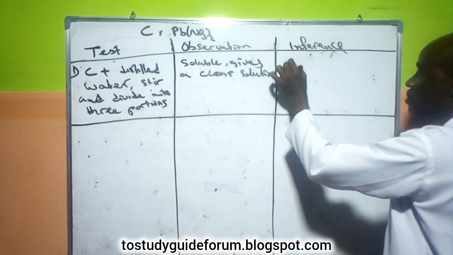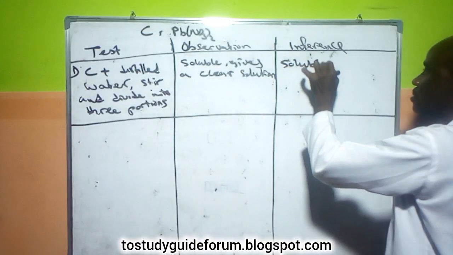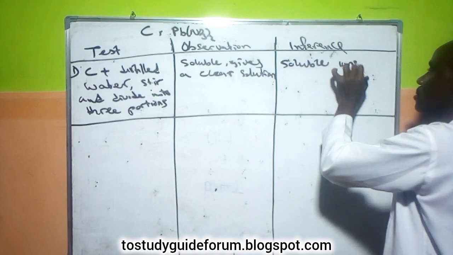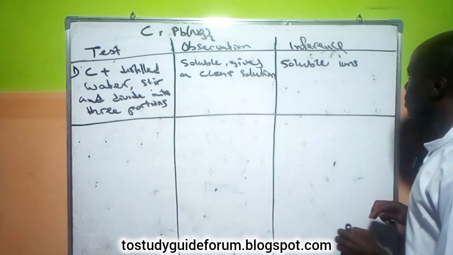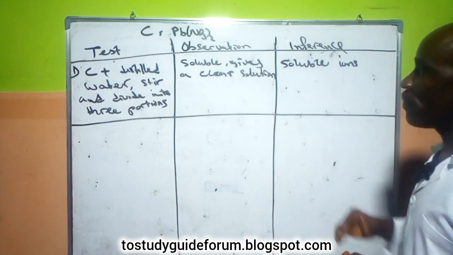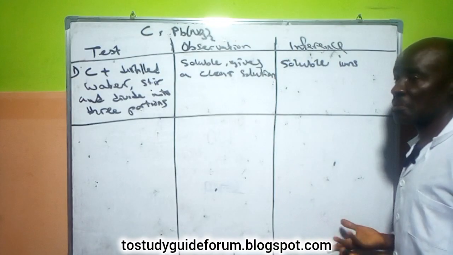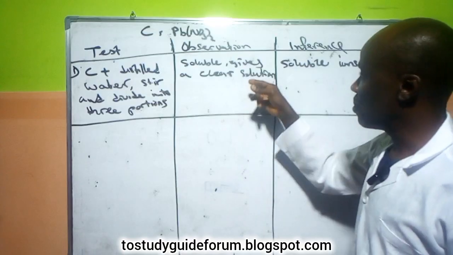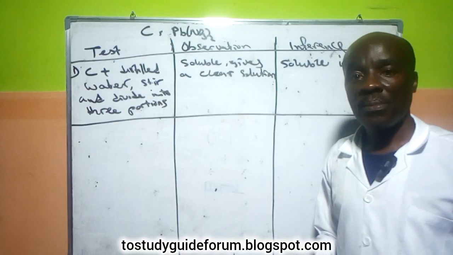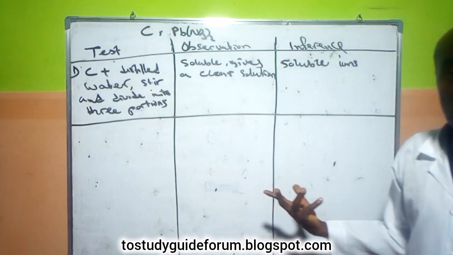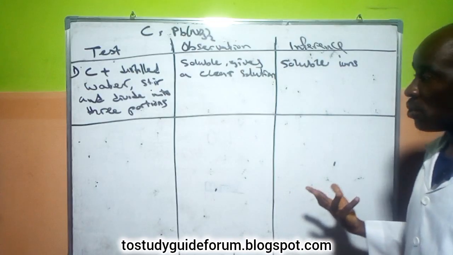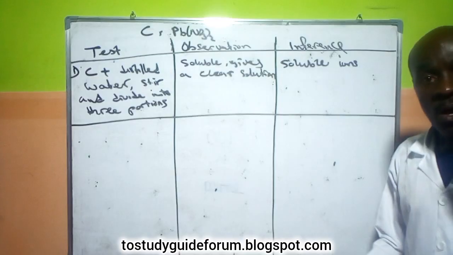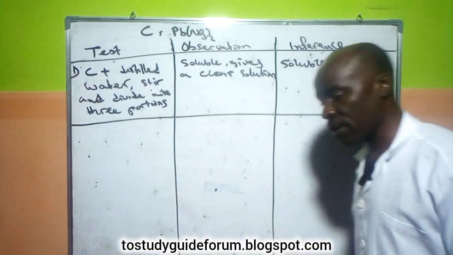So what we have here is a soluble salt, or soluble ions. There are a lot of ions that can be there. Some of them are potassium ion, which is always soluble in every case and gives you a clear solution, and sodium, and even ammonium ions.